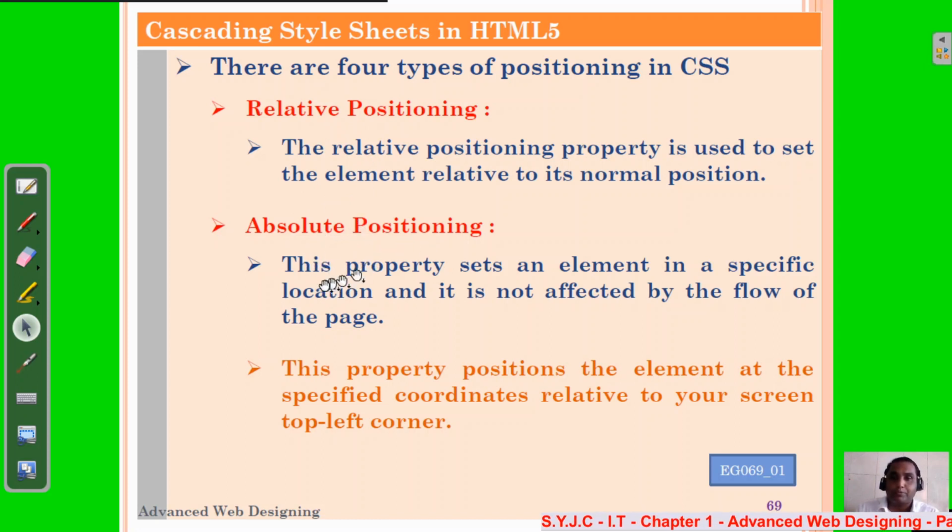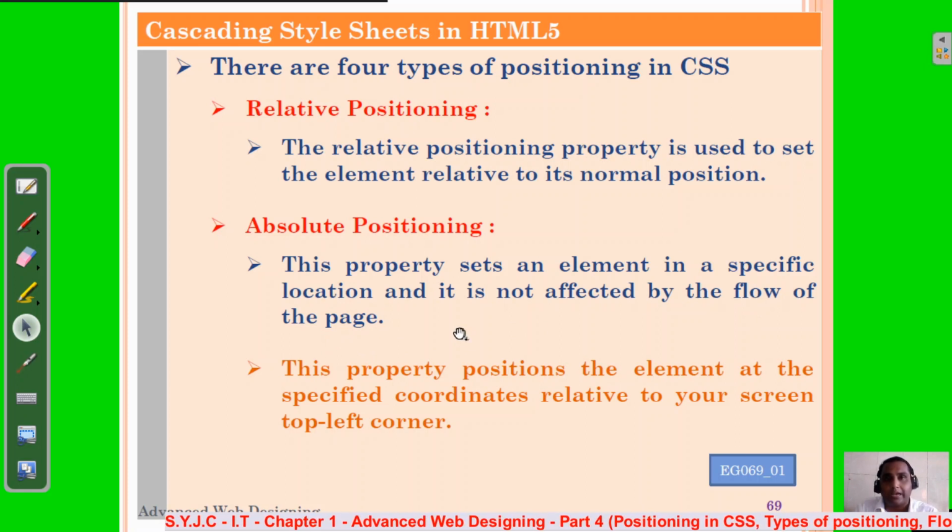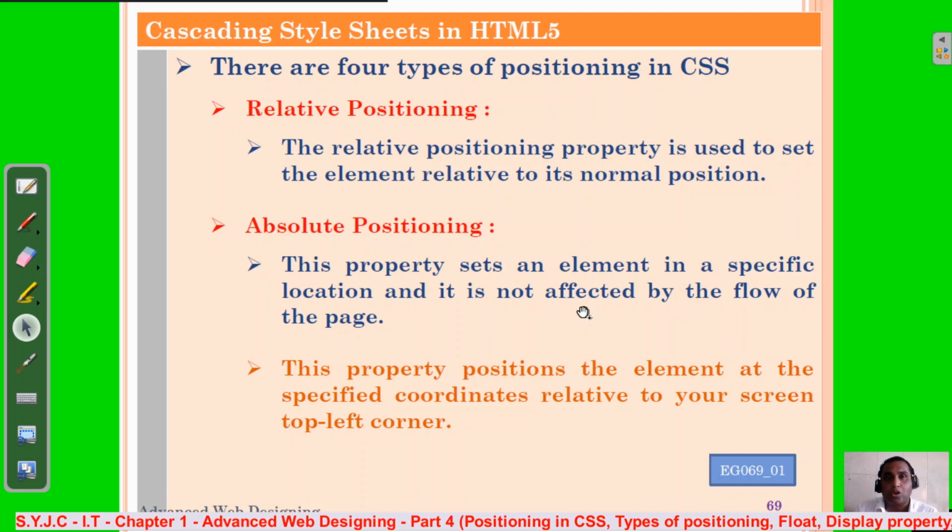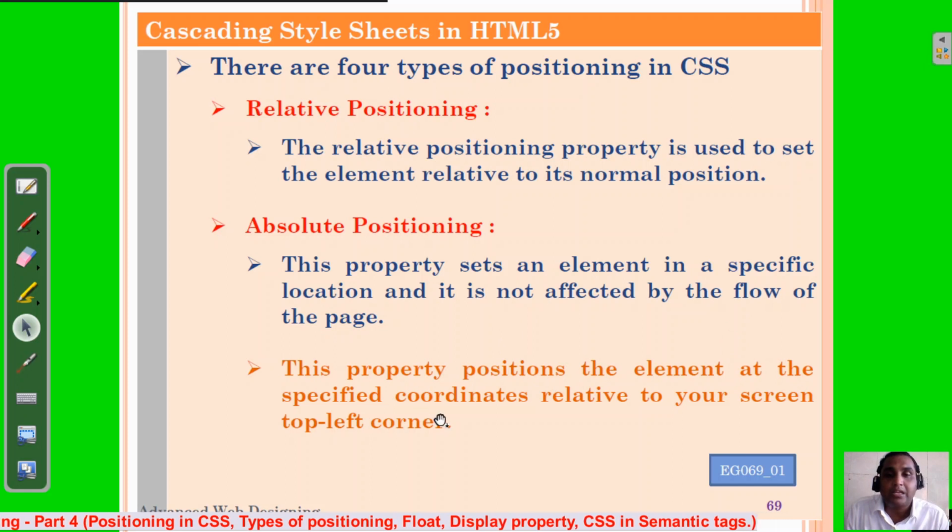Let us read absolute positioning. This property sets an element in a specific location and it is not affected by the flow of the page. Flow of the page means if something is already written, that is not affected. Whether something is written or not, still the positioning pixels will be considered from the border of the web browser. This property positions the element at the specified coordinates.